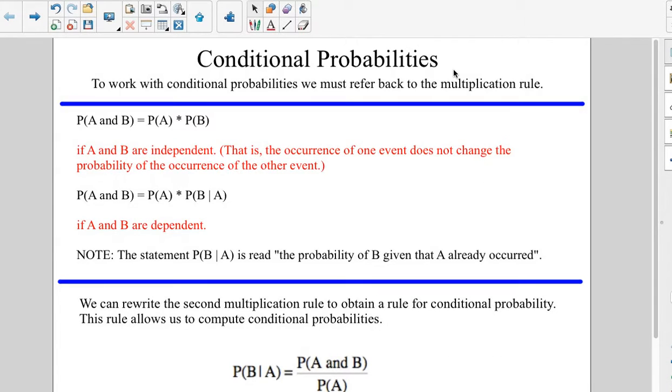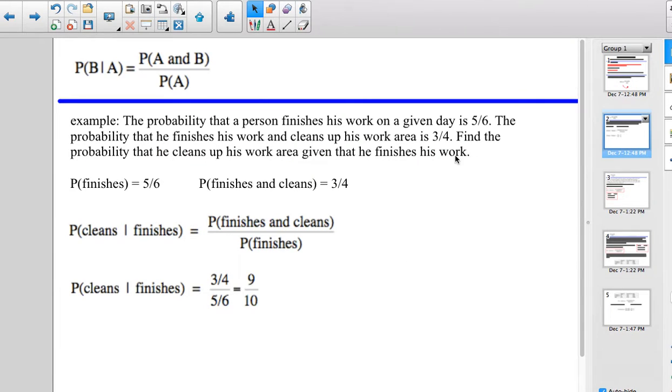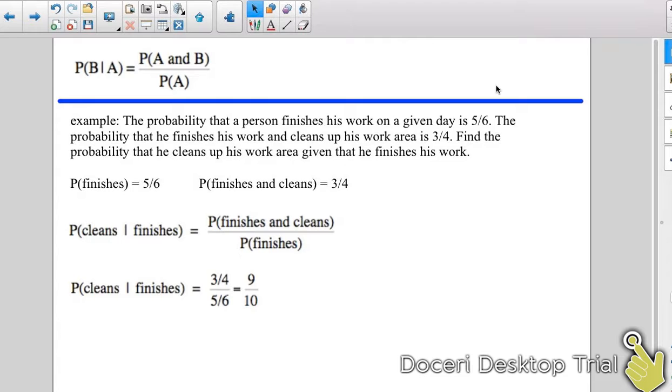Let's look at an example. Suppose that a person finishes his work on a given day. The probability he finishes his work in a given day is 5/6. Let's also suppose the probability he finishes his work and cleans up his work is 3/4.